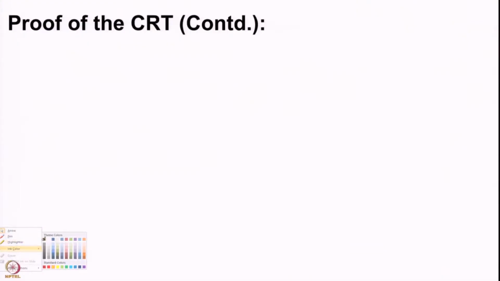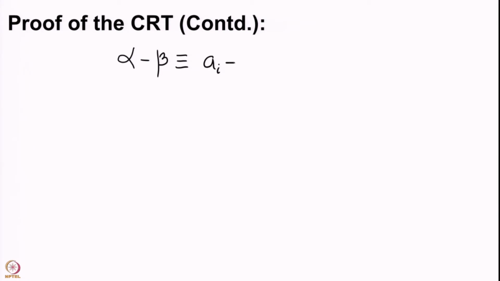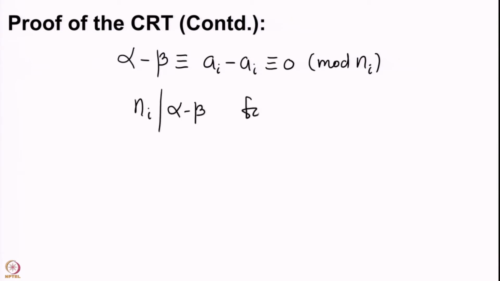So, since we want to show that alpha and beta are congruent modulo n, we must look at alpha minus beta. And we have that alpha is congruent to ai modulo ni and beta is also congruent to ai modulo ni. So, mod each ni we are going to get that alpha minus beta is 0, and this is to say that each of the ni is going to divide alpha minus beta.